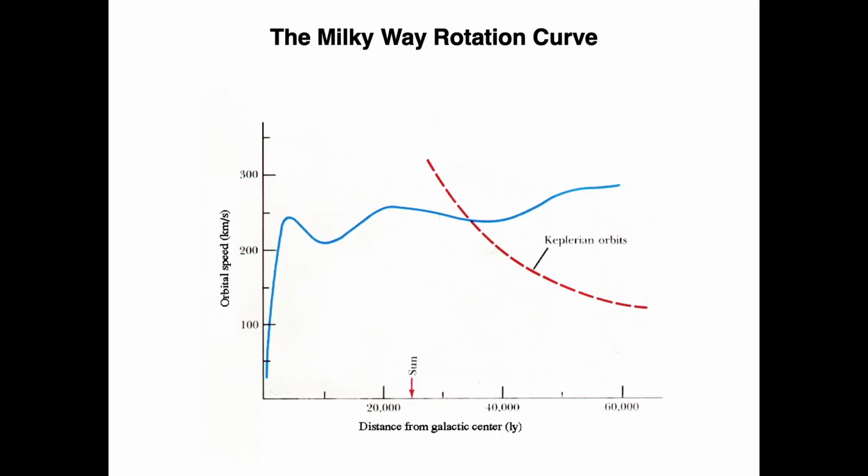Later on, we'll discuss how the orbital speeds of the Sun and other stars are actually determined. But for now, let's just consider the implications of this orbital motion. The distance of the Sun from the galactic center is about 8 kiloparsecs. If we make an approximation that the Sun is on a perfectly circular orbit, we find that its orbital period should be 2 pi times r over the velocity.